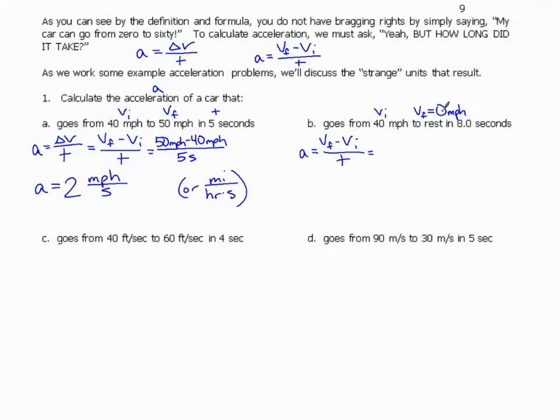My final velocity is 0. My initial velocity is 40 miles per hour. And the time is 8.0 seconds. So we have negative 40 divided by 8.